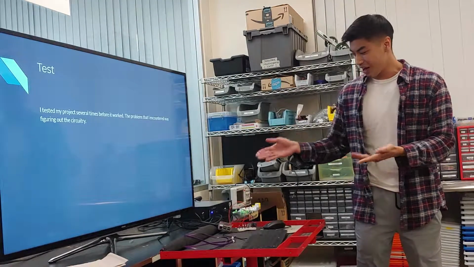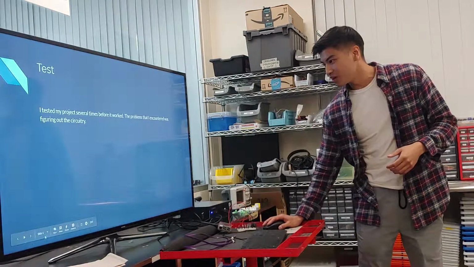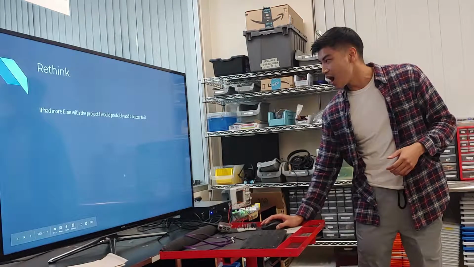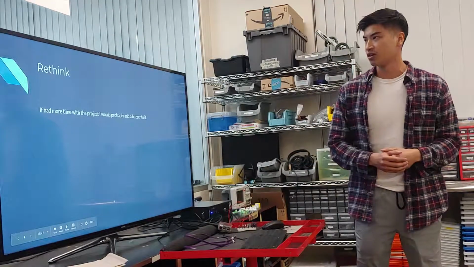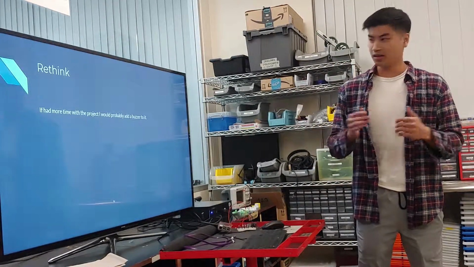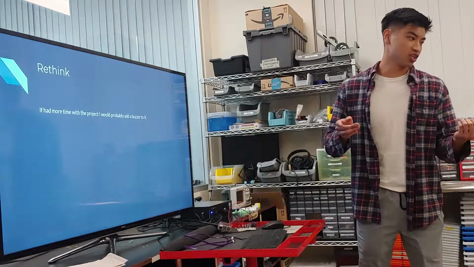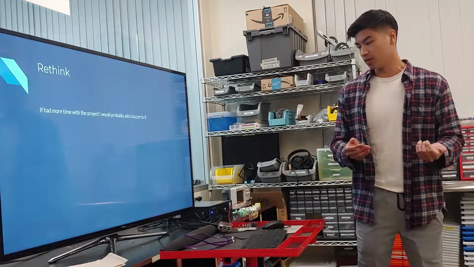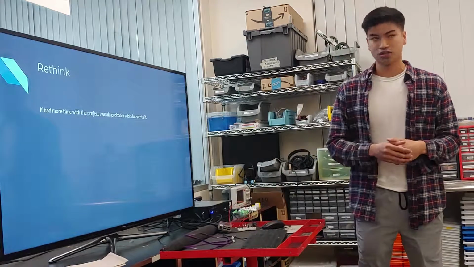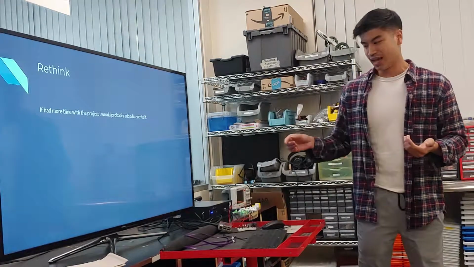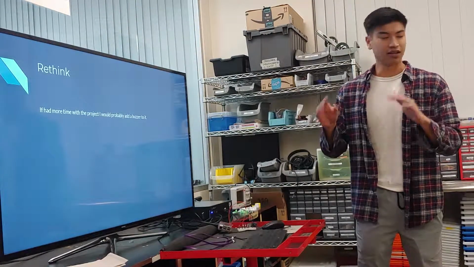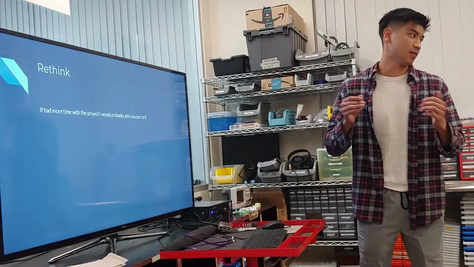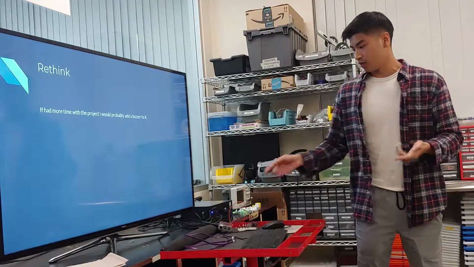But I finally figured it out, and we're about to demonstrate how it works. But before I do that, if I were to redo this project, I would probably put a buzzer or something so that it would actually be an alarm system and make a sound.